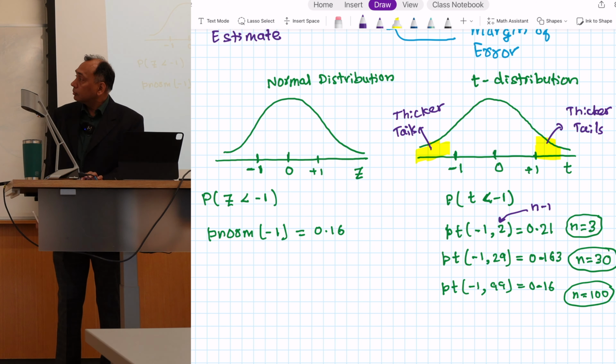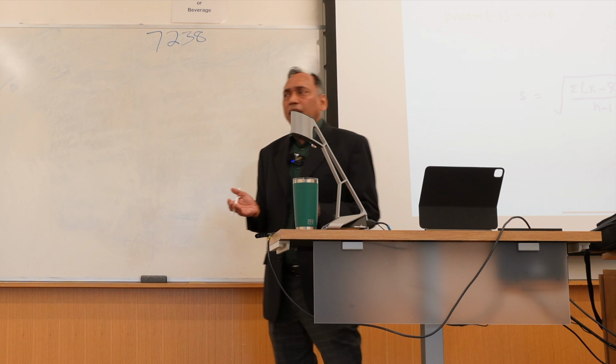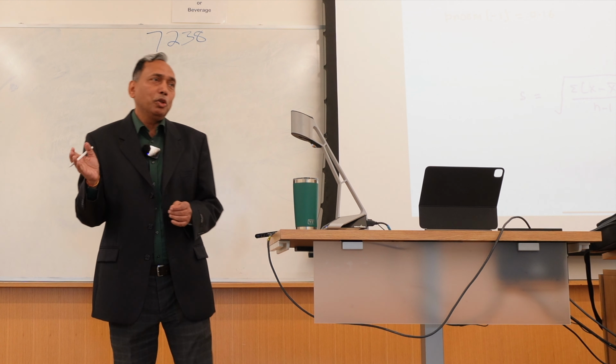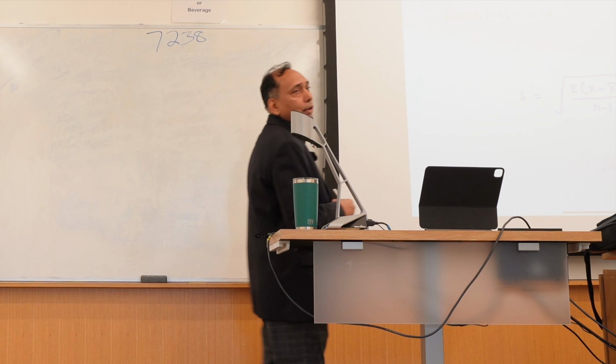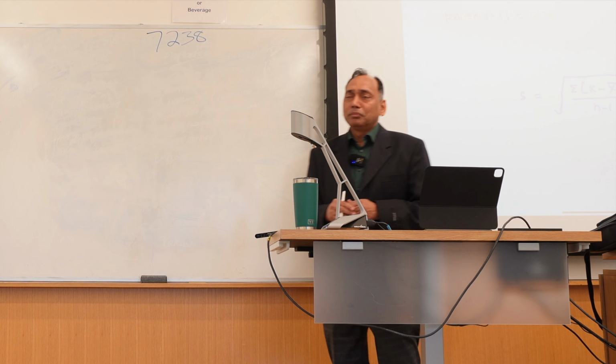If you recall formula for standard deviation S, so that was total of x minus x bar whole square divided by n minus 1. So this n minus 1 in the denominator is degrees of freedom. So degrees of freedom in a simple language means how many independent terms you have in any given equation. How much freedom you have.